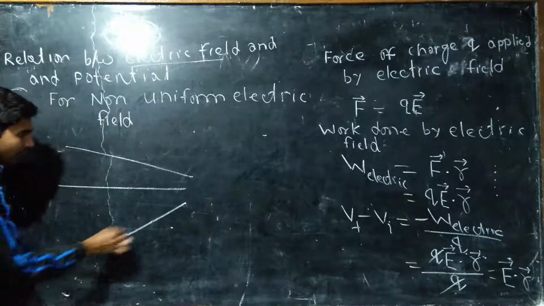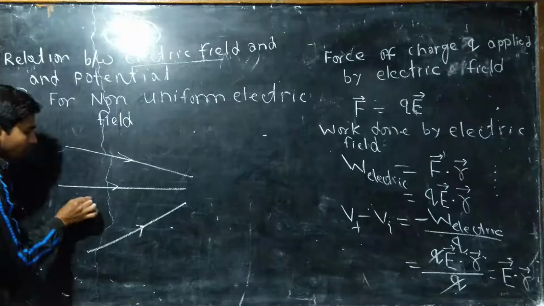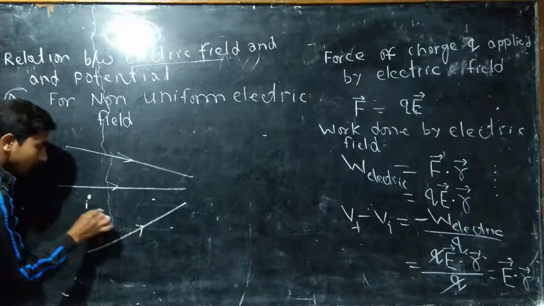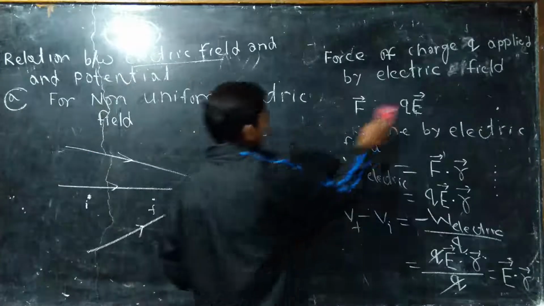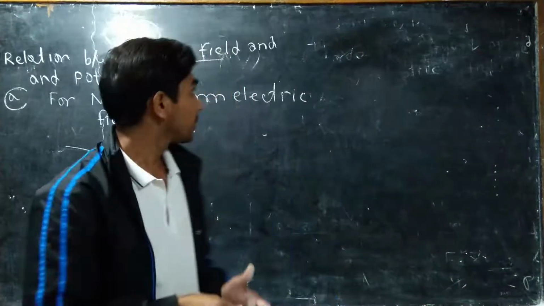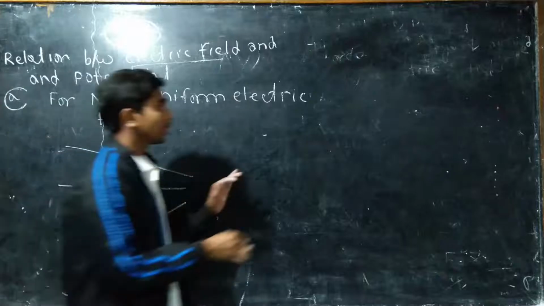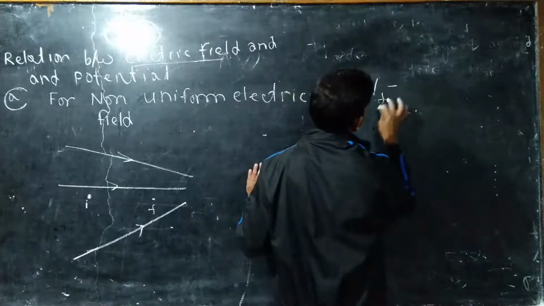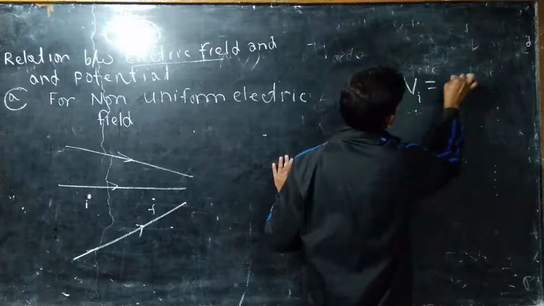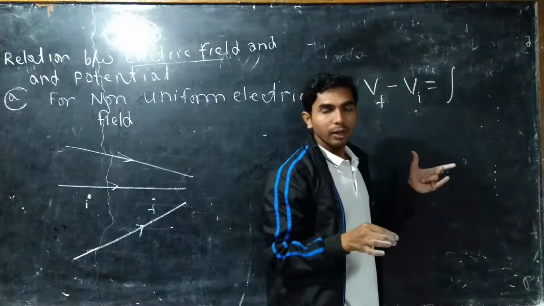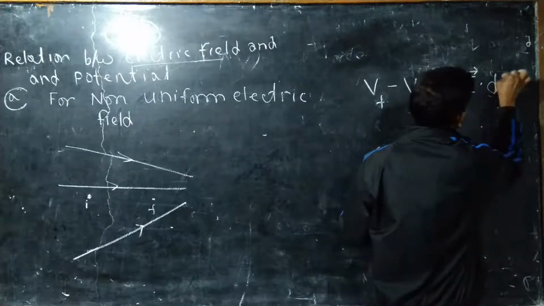So the electric field is existing like this. Suppose this is your initial and this is your final, and again we are going to find the change in potential. So the change in potential is final minus initial, that is V final minus V initial, which is the integration of minus E dot dr, right?